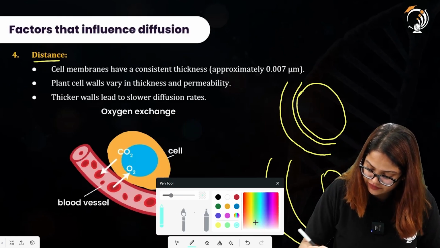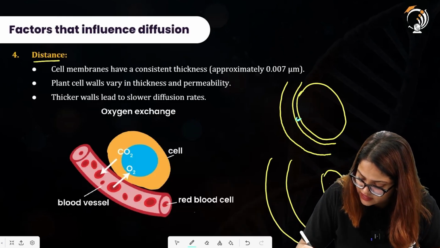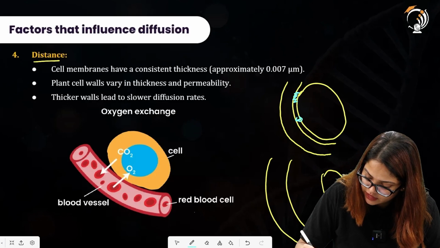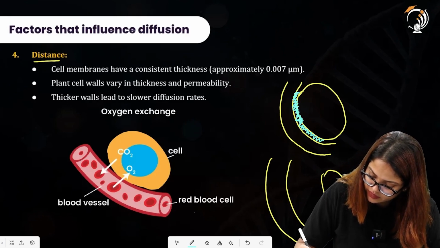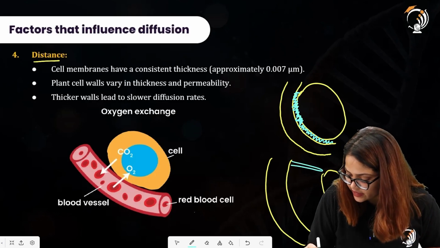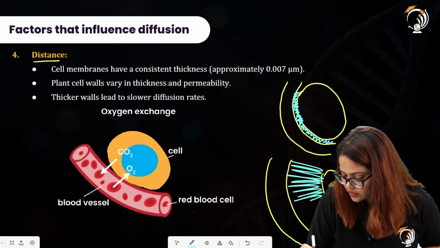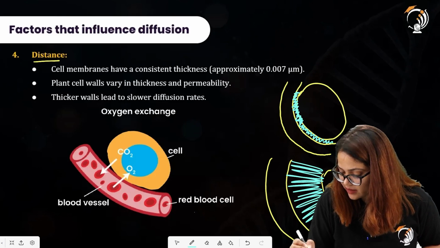Now this is the difference of distance here. This is the distance across which the diffusion will occur. Alright, so this is the region here, and here we have this particular region. So you can see how far the blood capillaries are.